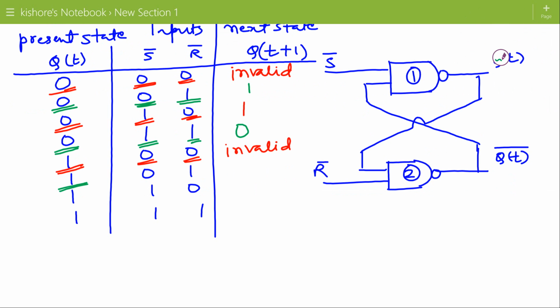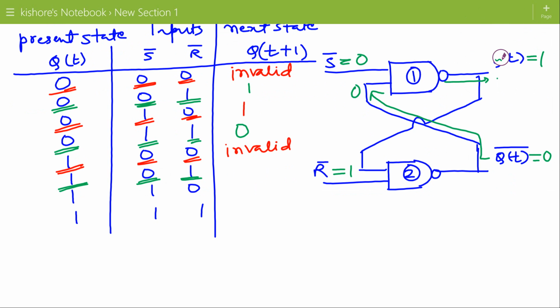QT is 1, QT bar is 0, S bar is 0, R bar is 1. QT bar is the feedback input for the first NAND gate, that is 0.